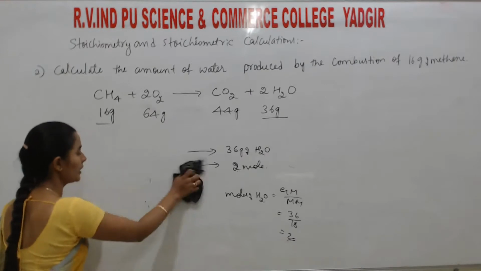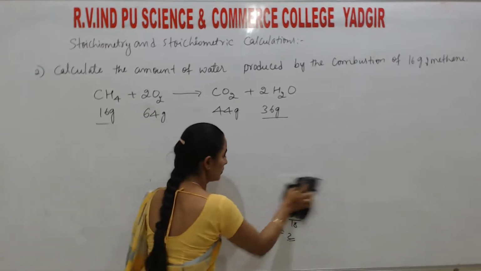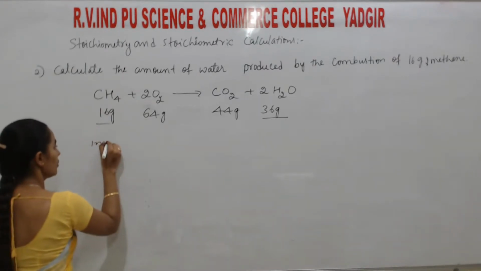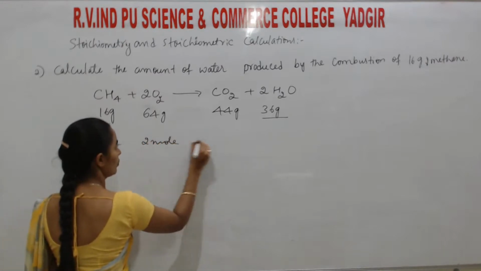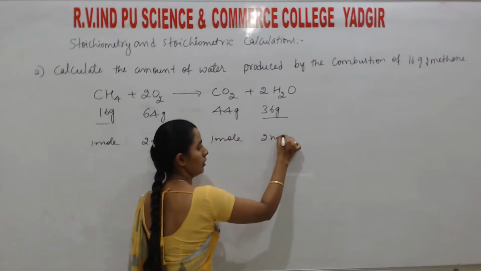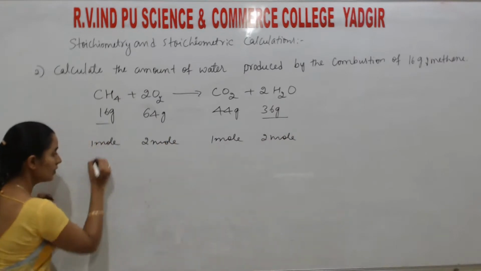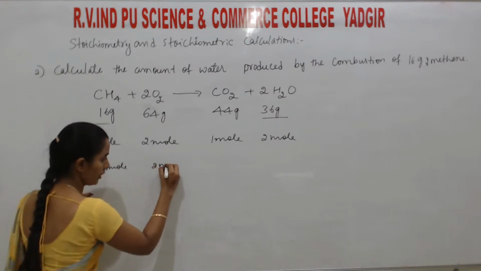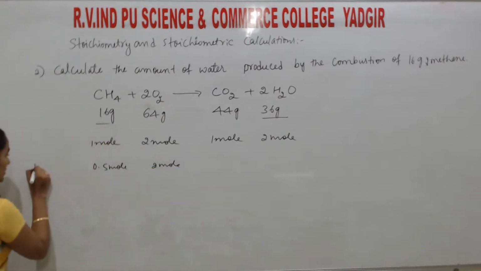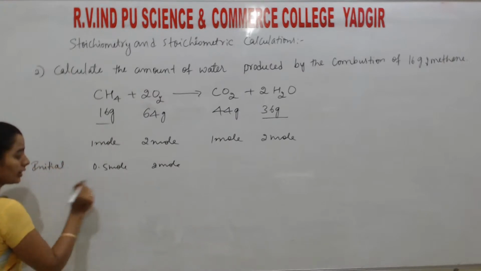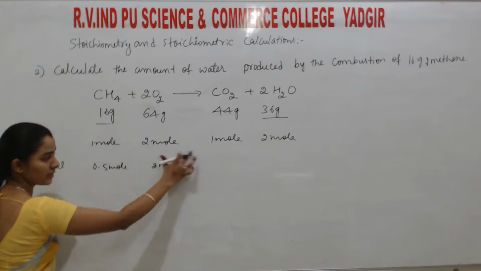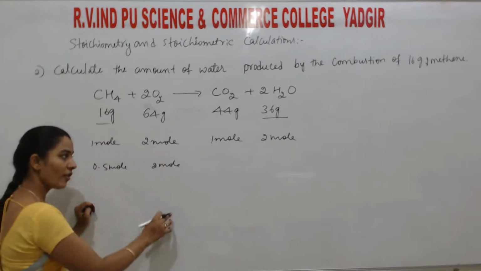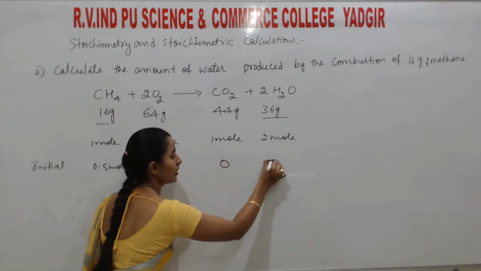How to find out the limiting reagent: listen, I compare this as 1 mole, 2 mole, 1 mole, 2 mole. Assume this is 0.5 mole of CH4, and oxygen is 2 mole. This is the initial value. Initially the products are not yet formed.